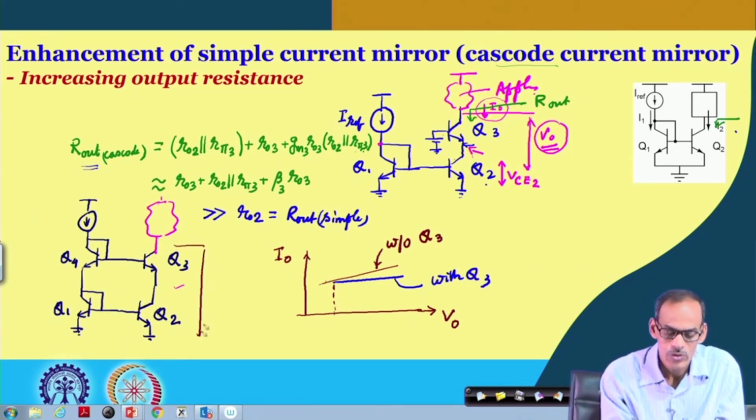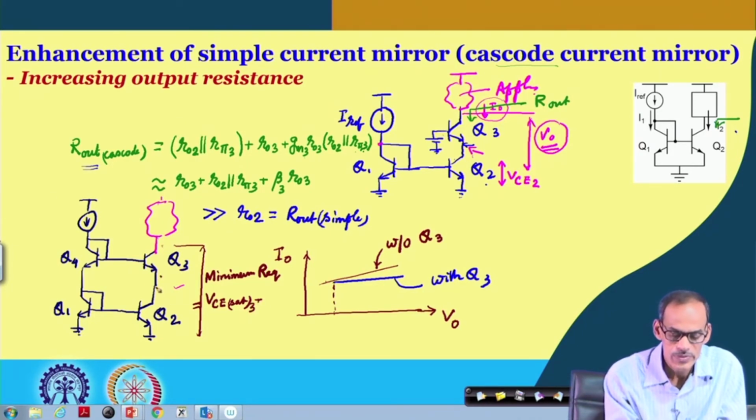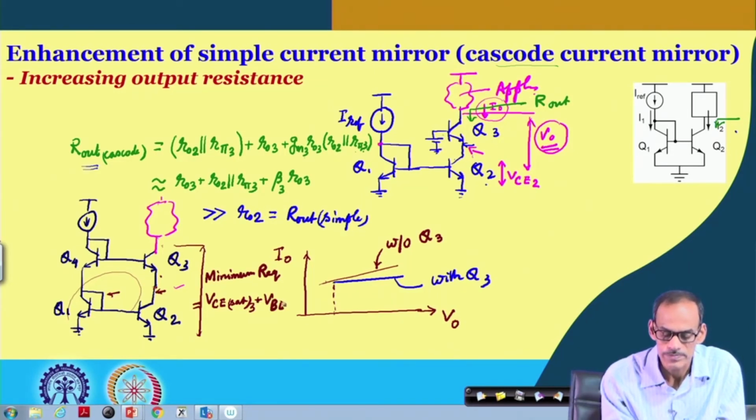Namely, for this case we require VCE set of transistor 3 plus this voltage, and if I go through this loop, it can be shown that this voltage and this voltage are equal, so that is one VBE1.